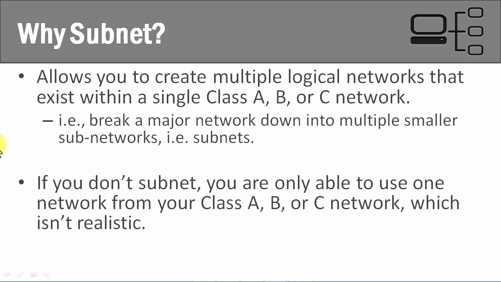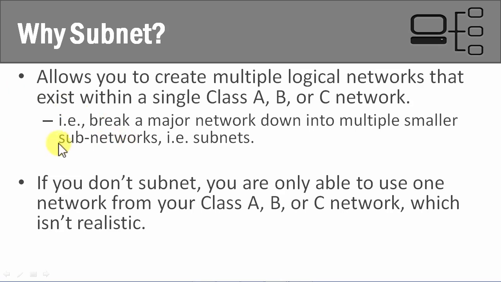For example, if you were a large corporation such as Google and you had 20 campuses across the world and you were assigned one Class B network, it really is unrealistic for you to try to utilize just one network because you're going to have multiple networks. So what you have to do instead is subnet to take that Class B and break it up into multiple different smaller subnets, and then you're going to assign those to those different locations. And so that's why we subnet.